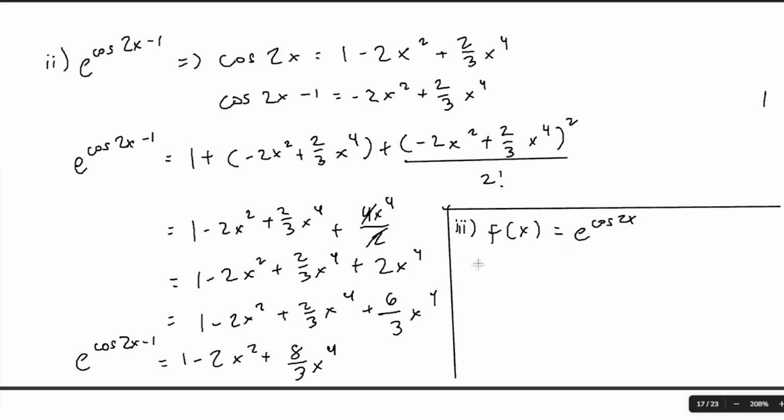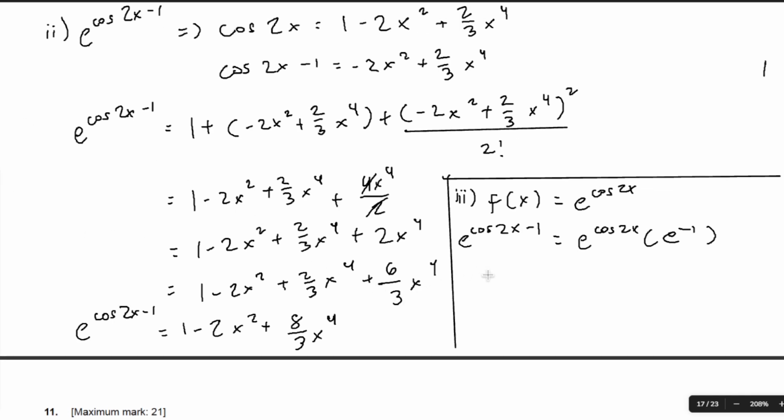Okay, so we know that e power cos 2x minus 1 can also be rewritten as e power cos 2x times 1 over e. Am I right? Yeah, because it would be e power cos 2x times e power minus 1, like this.